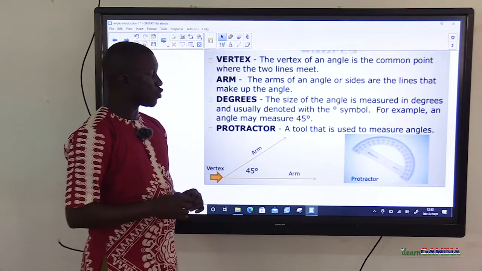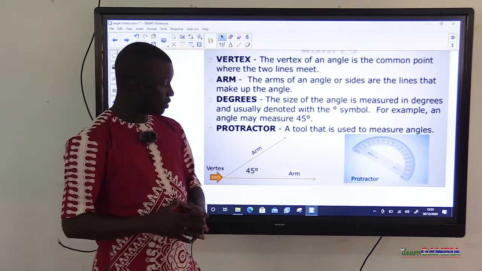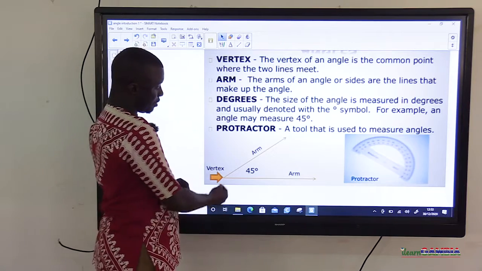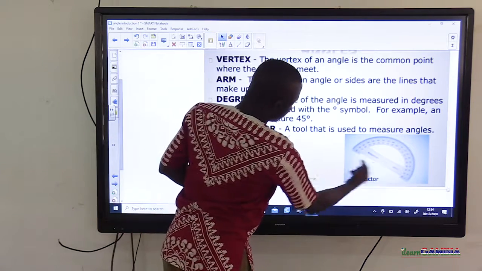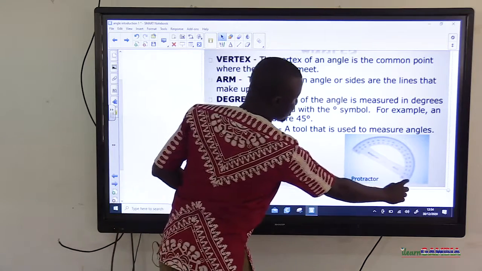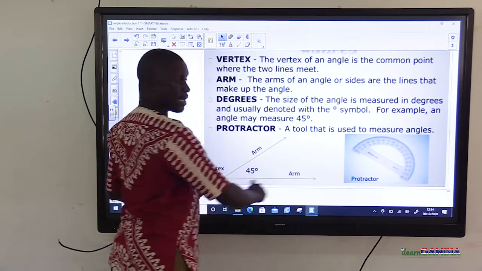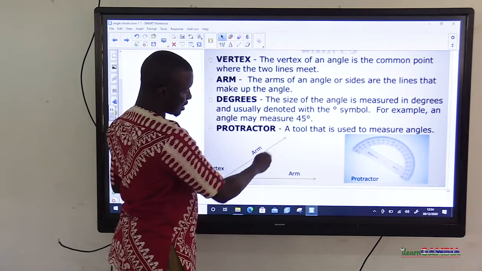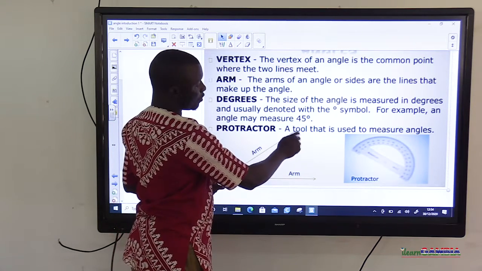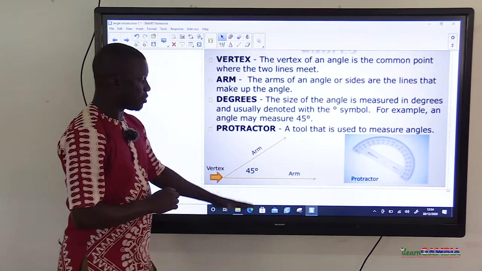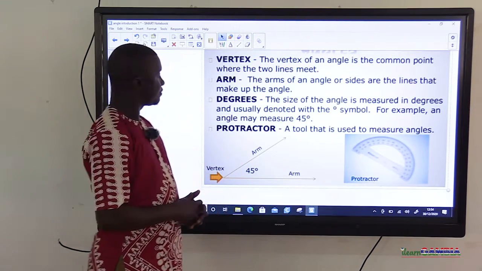A protractor is a tool used to measure angles. You place the middle of the protractor on your vertex, and make sure the first zero is on the arm at the starting point, and the second line measures the angle. That is the space between the two lines.